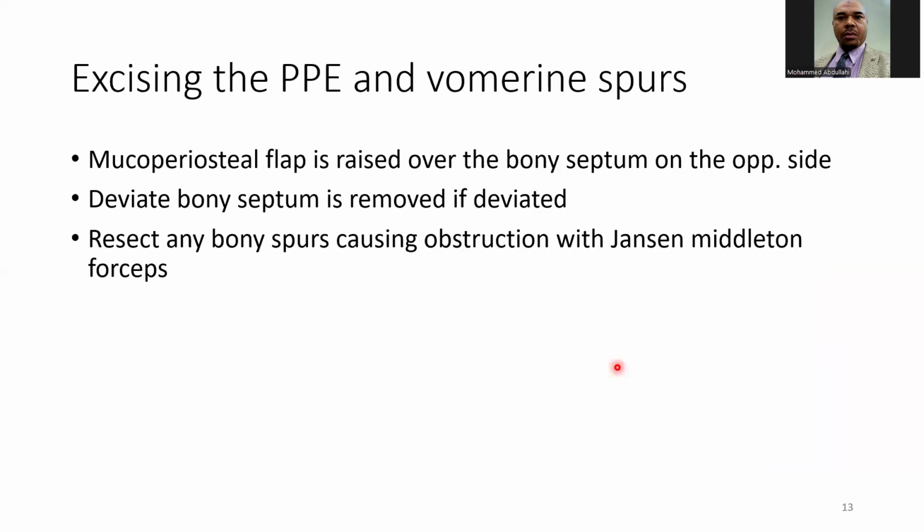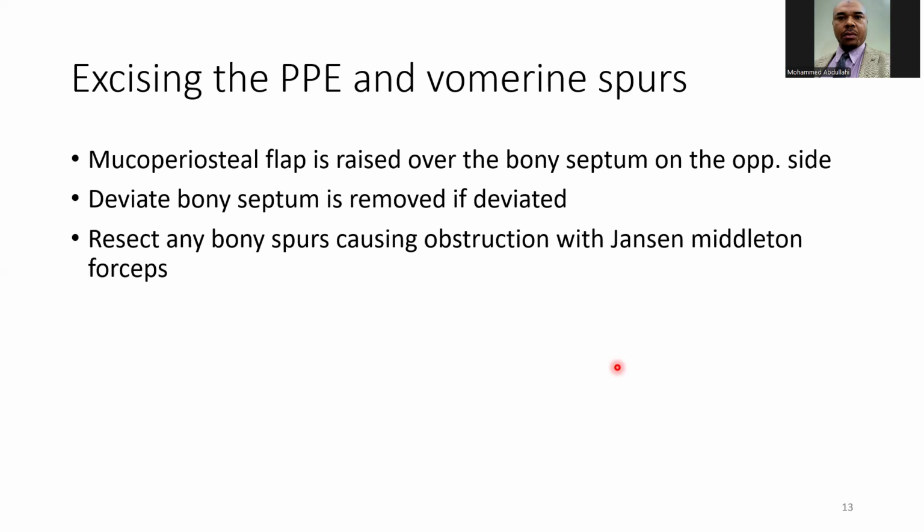Now, the mucoperiosteal flap is elevated over the bony septum on the opposite side after dislocating the septal cartilage from the perpendicular plate of ethmoid and the vomer. Once the bony septum is free from this flap and is deviated, then the deviated part of the septum is removed using a special instrument called Jansen-Middleton forceps.